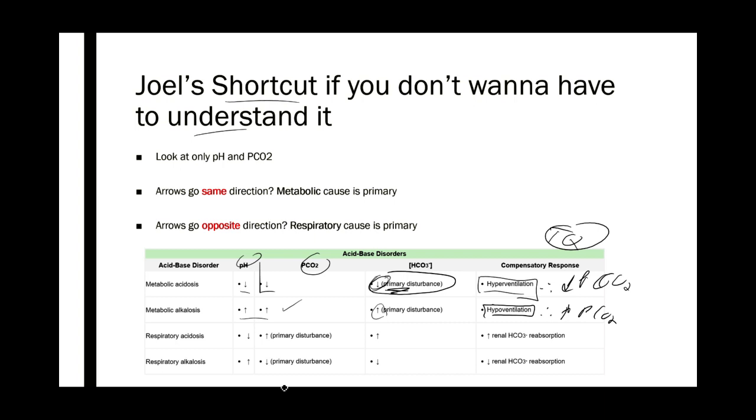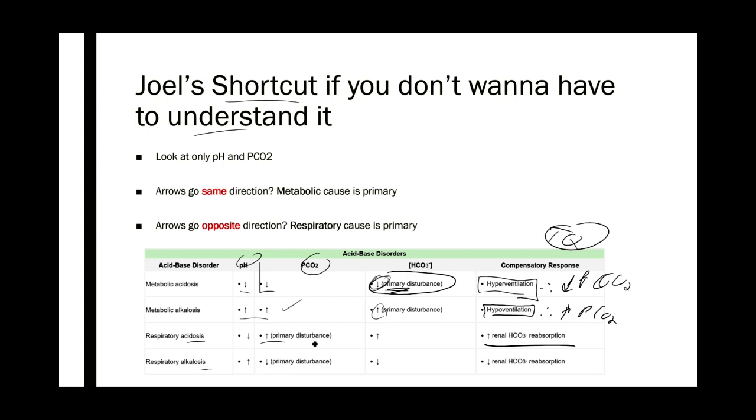Now the arrows go the opposite directions. The primary cause is respiratory, and this makes sense. If the primary disturbance is an increase in PCO2, that means there's some type of respiratory depression going on. You're retaining CO2. In response, the kidney will ramp up its bicarb reabsorption, and increased bicarb means you are making the blood more alkaline in order to compensate for the acidosis. If the primary cause is respiratory alkalosis, that means there's some case of hyperventilation.